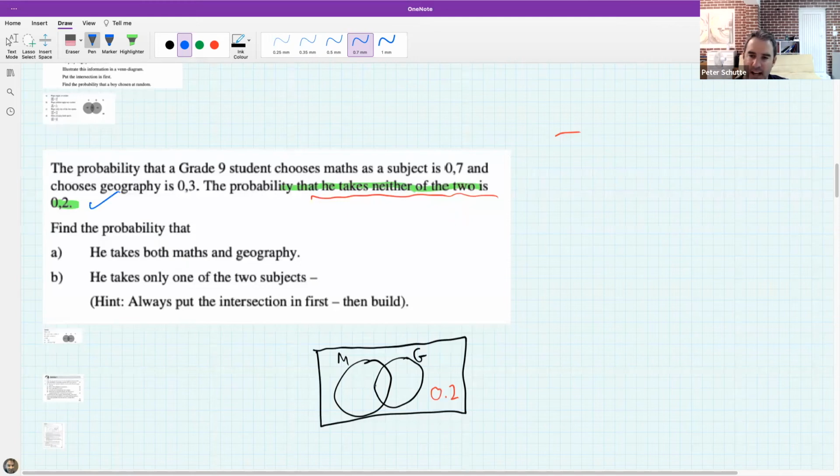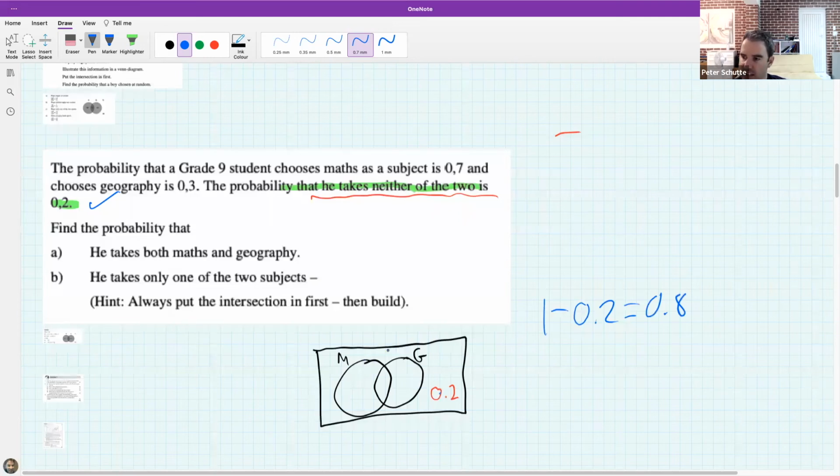So inside, there has to be a probability of 1 or 100% that either they take maths or geography or neither of those 2. So if you go 1 minus 0.2, you get 0.8. It's almost like the 2 circles together are the complement of the region outside.